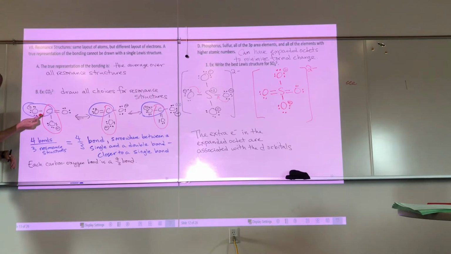The point of resonance structures is to tell you that all three of these bonds are exactly the same. Meaning, they have the same energy, the same length, they are identical in all ways, even though one Lewis structure isn't shown. So this bond is identical to this bond, is identical to this bond. We need resonance structures to show us that.